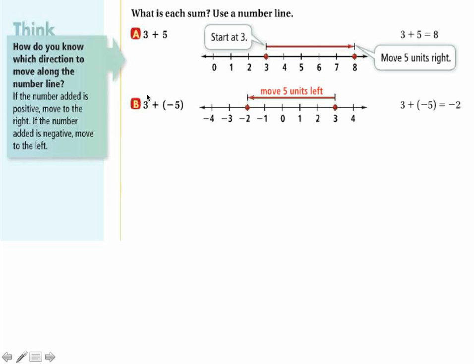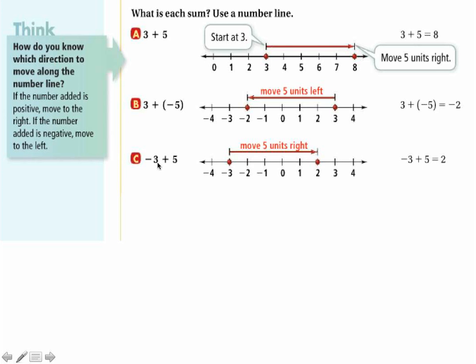In B, I'm going to start at 3, but then I'm going to add a negative 5. So when I start at 3, I move left 5, and I'd wind up at negative 2. So 3 plus negative 5 is negative 2. In C, start at negative 3, add 5, so move to the right. Moving to the right, negative 3 plus 5 would wind up at 2.